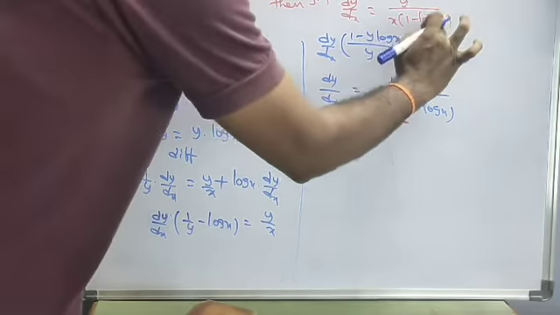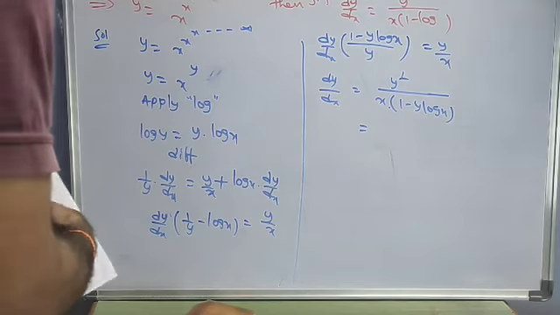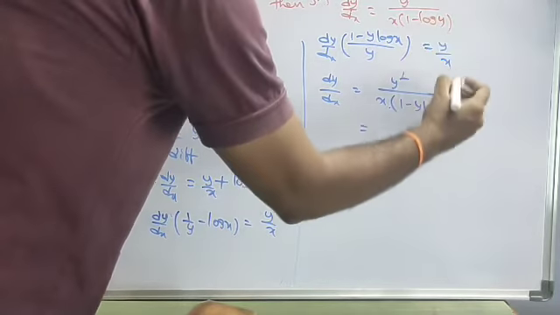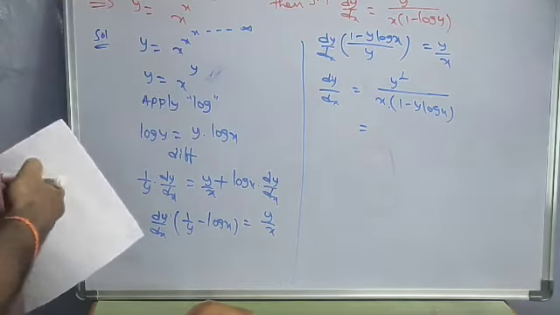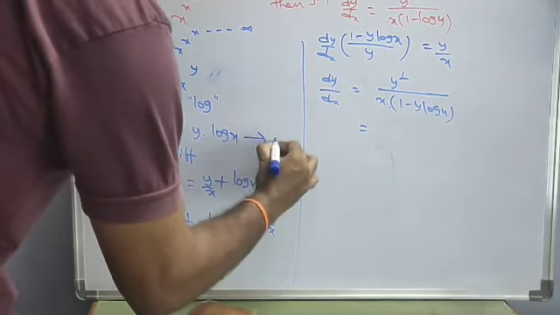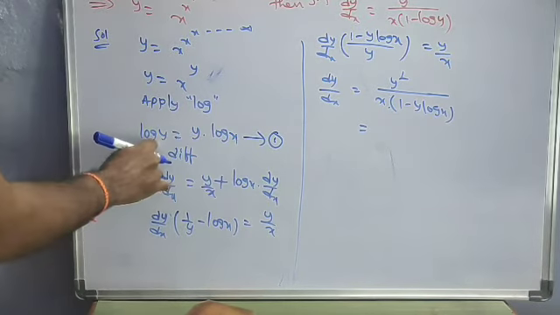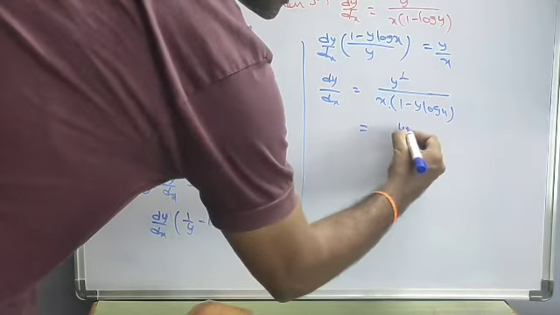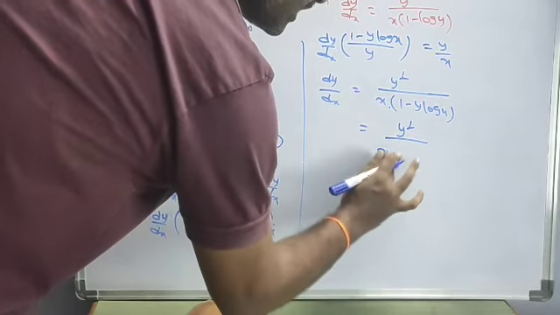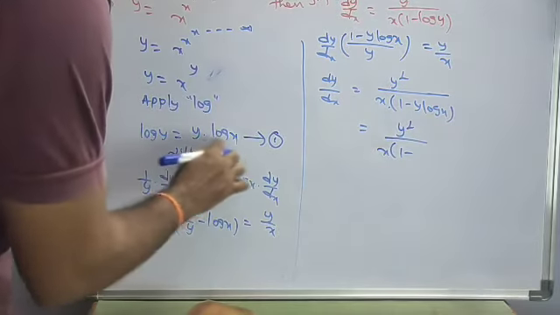Okay, here in our question also we have to just modify it: x into 1 minus log y. So this is equation 1. Here y log x equals log y, so I am taking log y, so dy by dx equals y square by x into 1 minus log y.